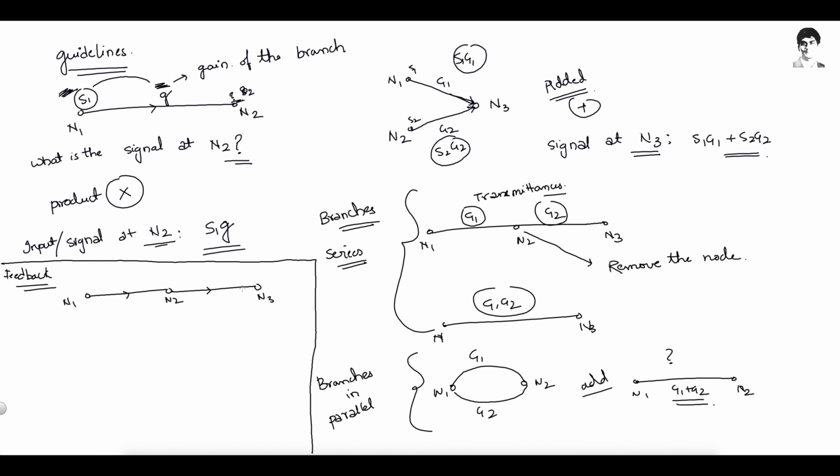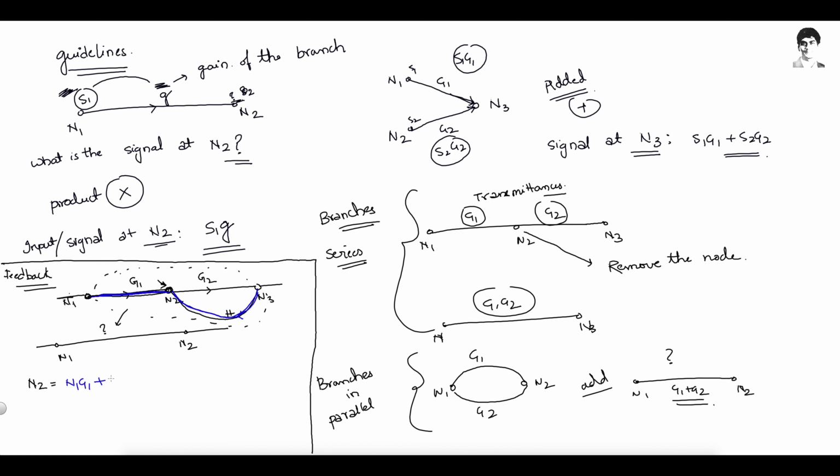Let's say there are three nodes and then we have a feedback loop between N3 and N2, which is giving a signal H. Now, how do I remove the node N2 and just put in the transmittance between N1 and N3, right? So at N2, you're getting two signals, which is N1G1 plus you are also getting N3H.